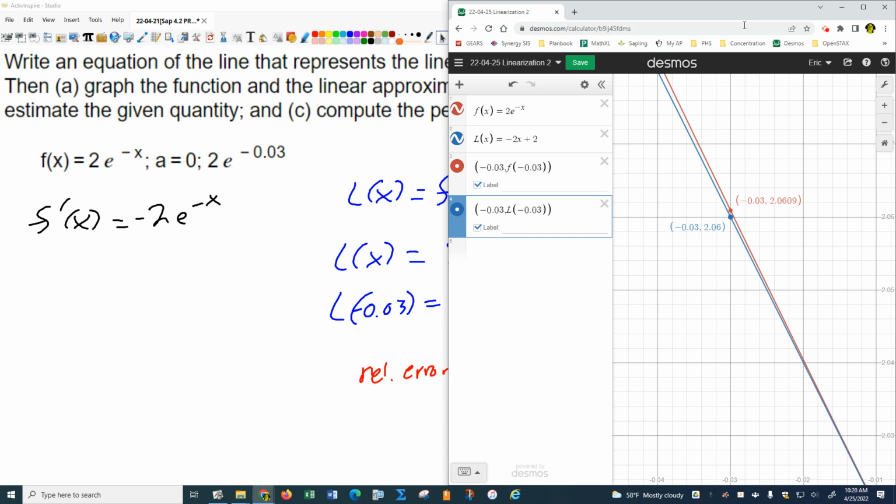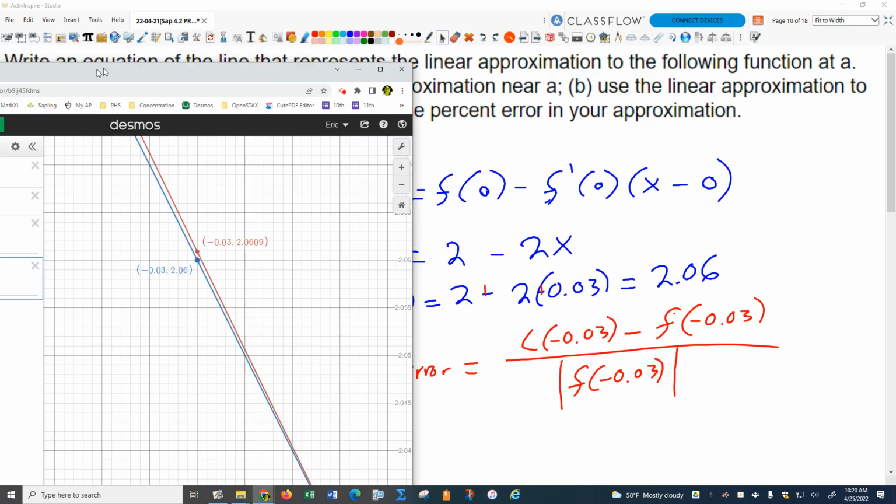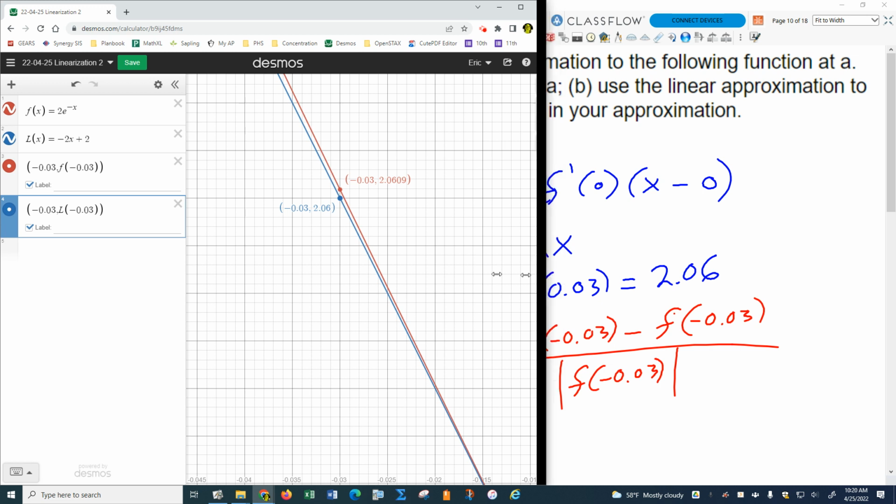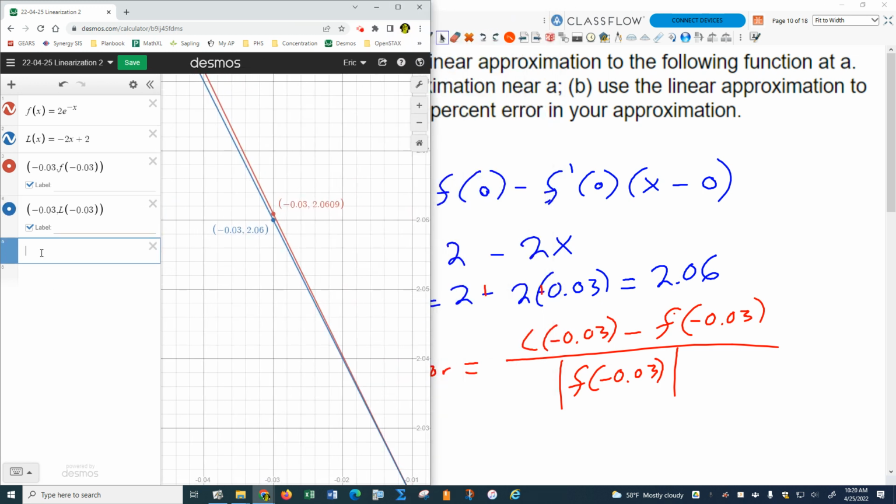So we should expect to get a negative relative error when we do this calculation. And we do. Okay, everybody see that? But remember, we're going to multiply by 100 to make it a percent. And then for us, we'd make it positive on your answer.